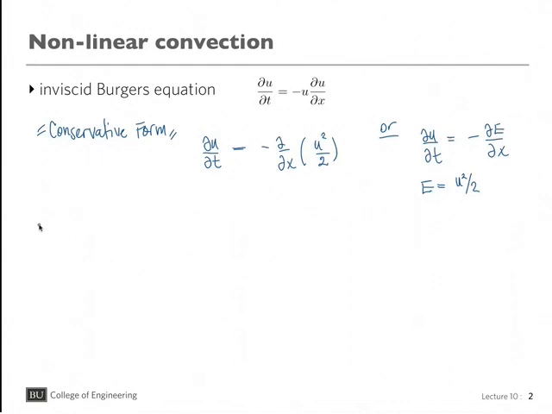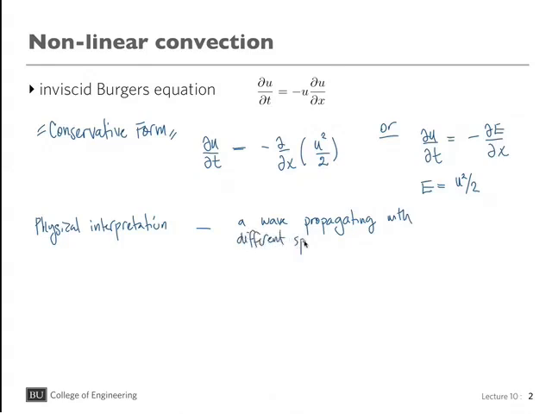The physical interpretation of this equation, I already said this, but let me just repeat, is that it corresponds to a wave propagating with different speeds. You say different speeds, you mean like the top is propagating faster than the bottom?